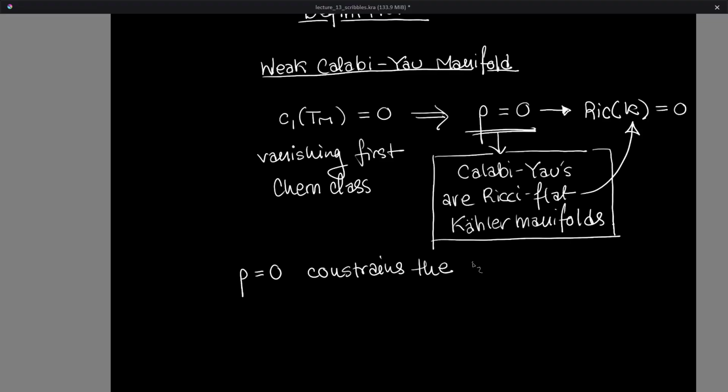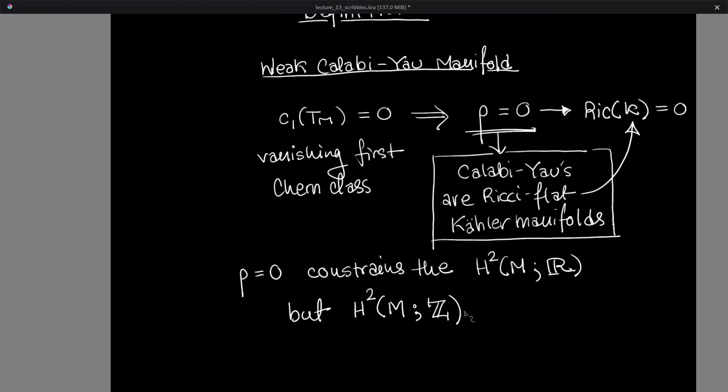So why is that? Because rho being 0 constrains the real cohomology class H2(M, R), but the true first Chern class is a function of the integral cohomology class. If you remember, we were talking about that nuance when we introduced the Chern class. It's actually this. So there are situations in which rho equals 0 can cause the real cohomology class to be 0 without causing the integer cohomology class to be 0.